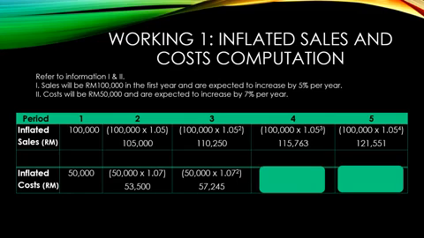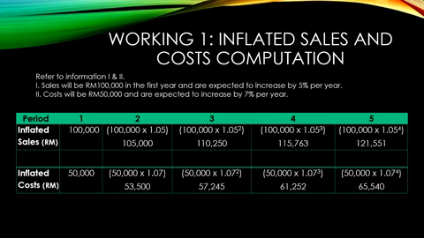For year 4, 50,000 ringgit you multiply with 1.07 power of 3, you will get 61,252 ringgit. And for year 5, the amount of inflated cost will be 65,540 ringgit. That is by multiplying 50,000 with 1.07 power of 4.